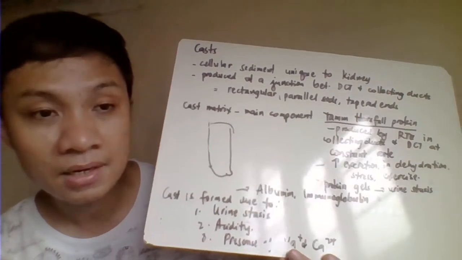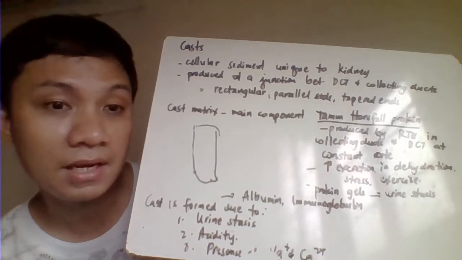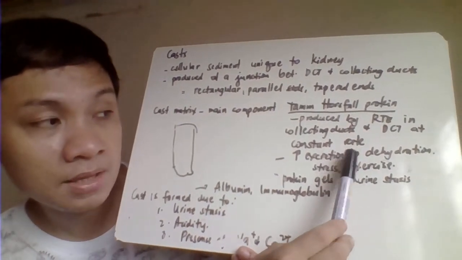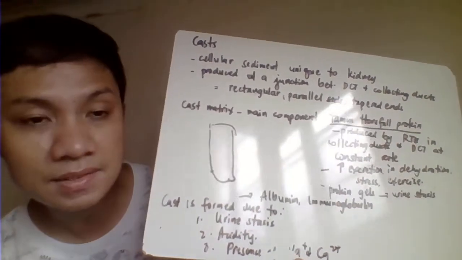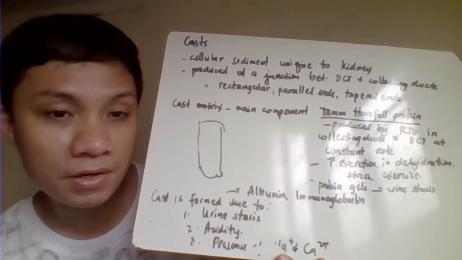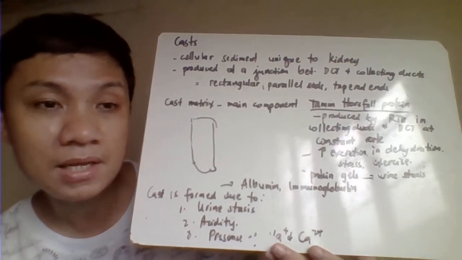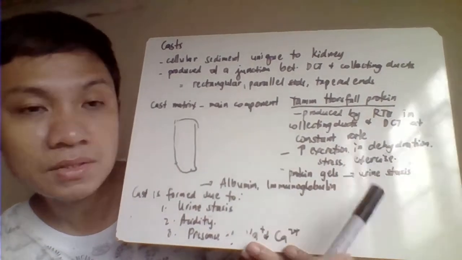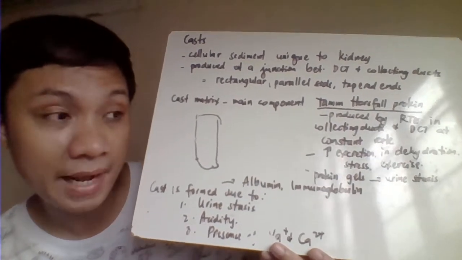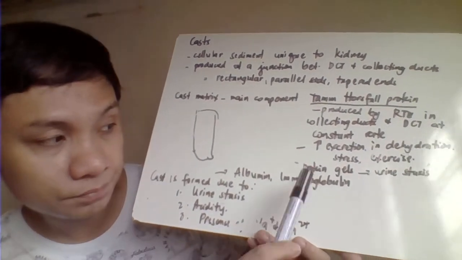Therefore, it is also removed from our body at a constant rate. However, in the case of dehydration, stress, or even exercise, the production of Tamm-Horsfall protein tends to increase. So eventually, expect that in these conditions the patient might also develop or produce casts in the urine sample.